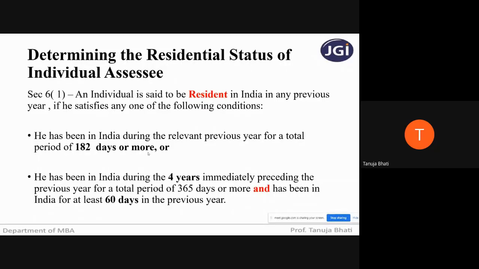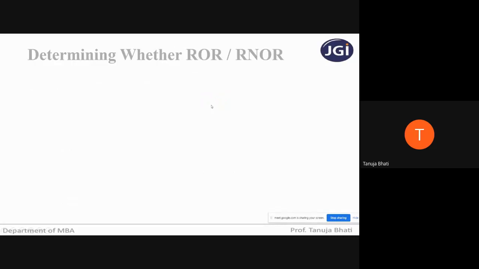Now, remember this is called basic conditions. Because after this, if he is a resident, then we have to check whether he is a resident and ordinarily resident or a resident but not ordinarily resident. So how to check that? For that, we again have some additional conditions.